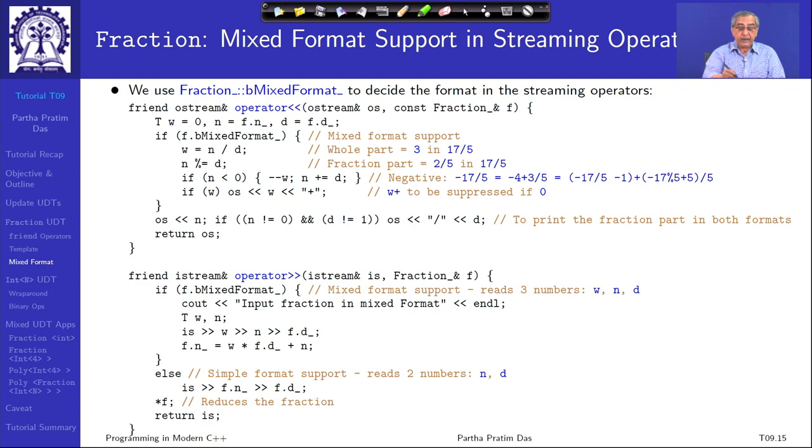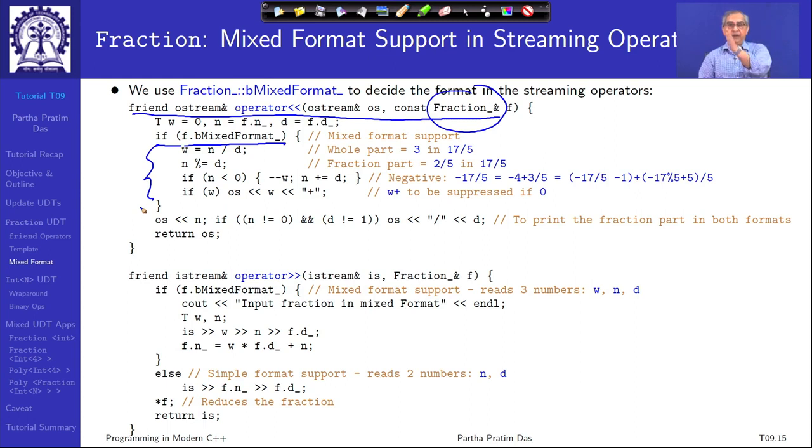So, now we know how to set the flag, rest of it is very simple. All that we need to change is the streaming operators in the fraction class. Now, we check the flag for mixed format. If it is mixed format, I express the given fraction as w plus n by d, w may be 0 also, if it is a proper fraction. Similar thing I can do in the input streaming operator, where first I print a message saying that now I am expecting a fraction to be given in the mixed format.